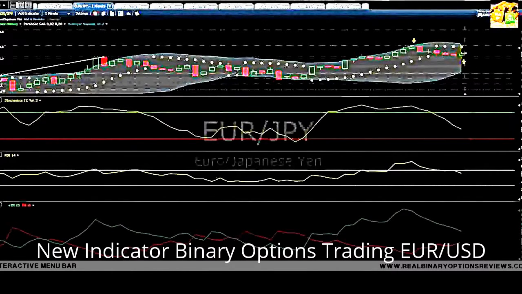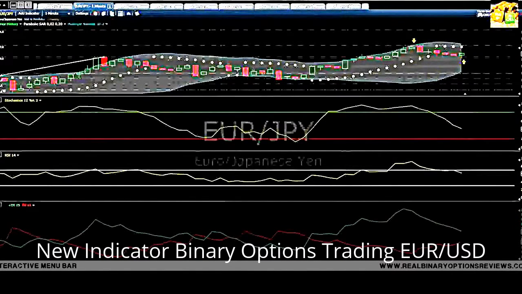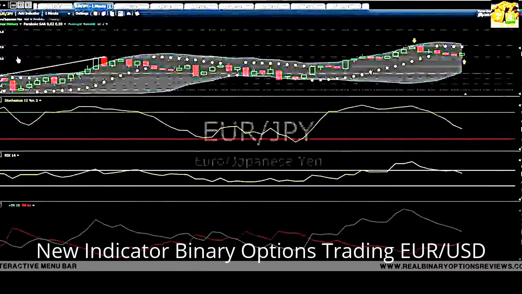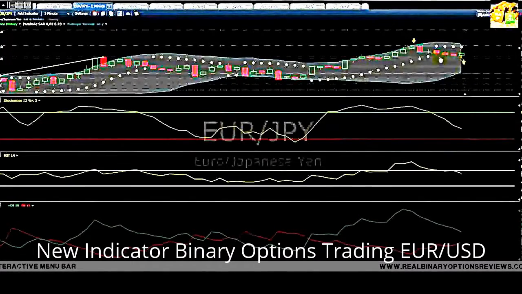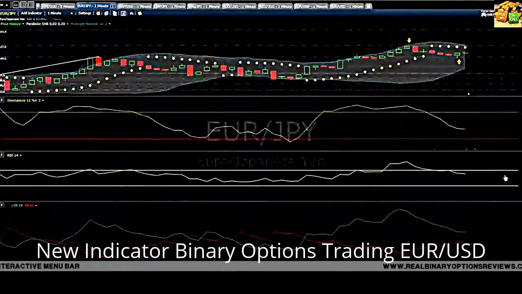And as you can see, I'm getting a small reversal here, and I hope it lasts for the next 2 minutes. So again, the use of the Fibonacci line on the short-term trading example here.